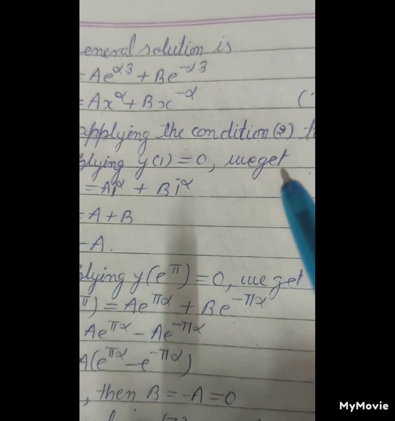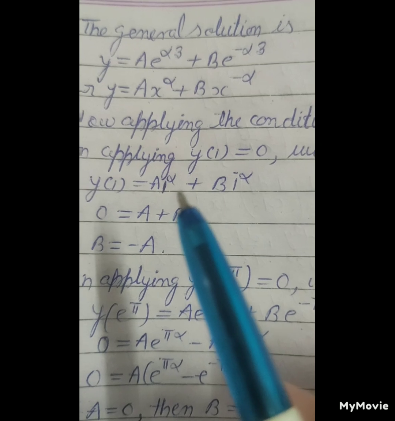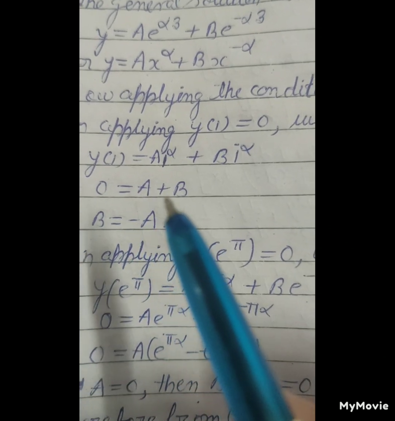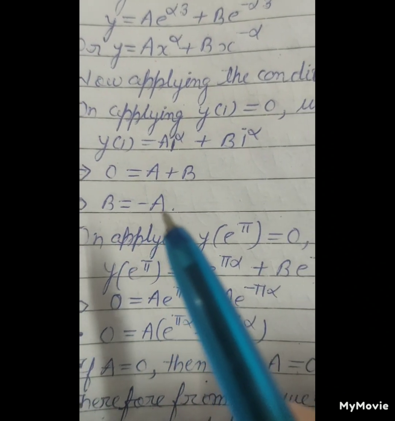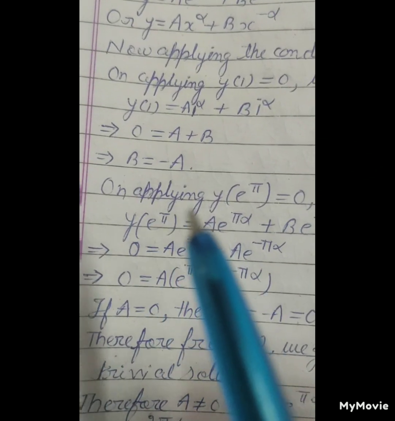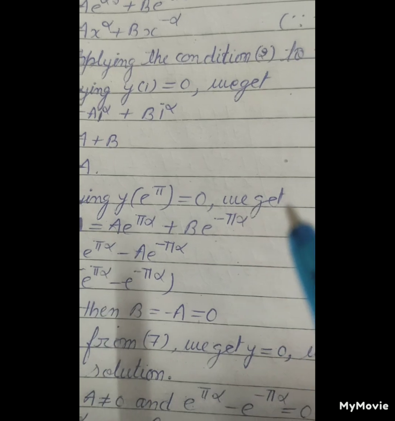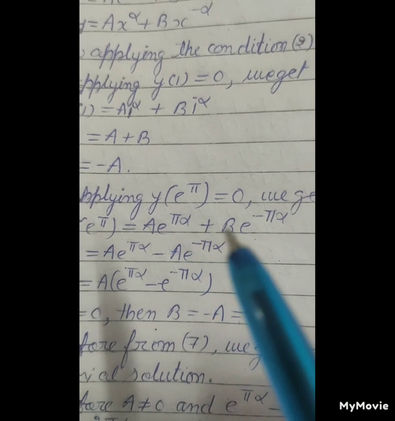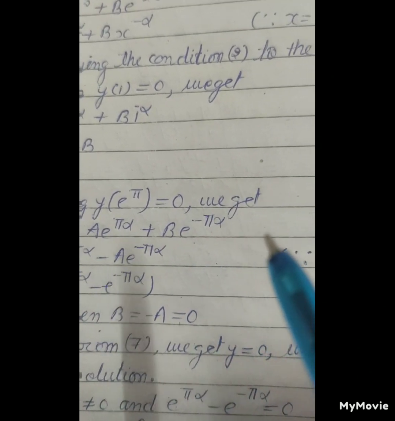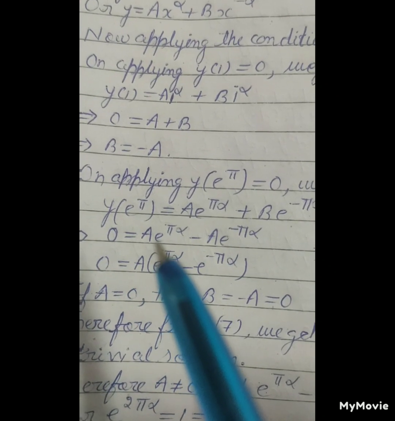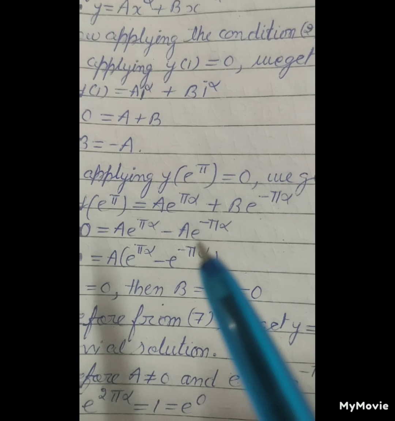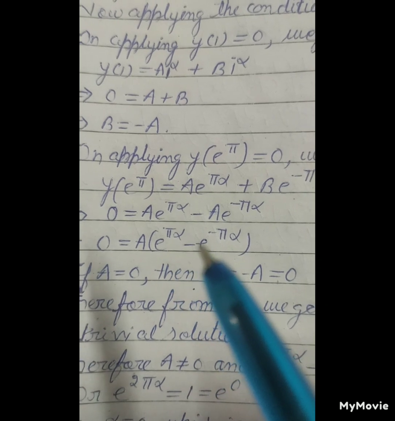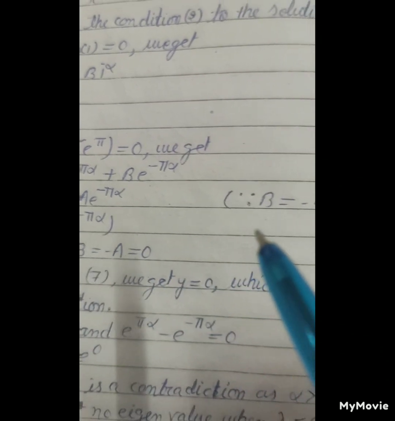On applying y(1) equals 0, we get y(1) equals A into 1 raised to power alpha plus B into 1 raised to power minus alpha, which implies 0 equals A plus B, which implies B equals minus A. On applying y(e raised to power pi) equals 0, we get y(e raised to power pi) equals A into e raised to power pi alpha plus B into e raised to power minus pi alpha, which implies 0 equals A into e raised to power pi alpha minus A into e raised to power minus pi alpha, which is 0 equals A into (e raised to power pi alpha minus e raised to power minus pi alpha).